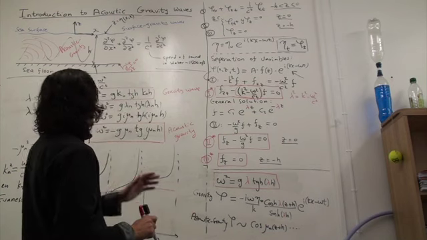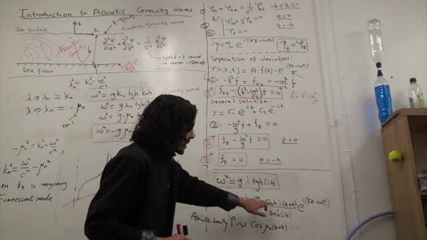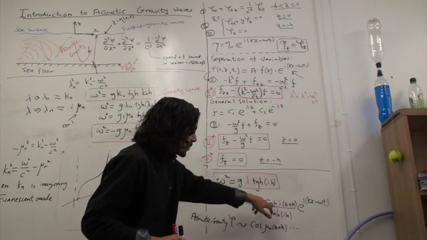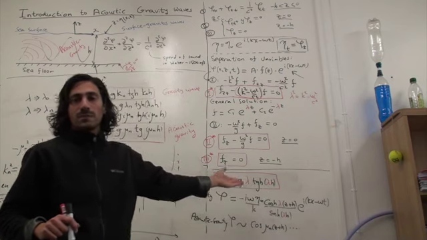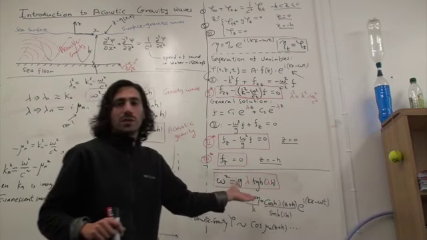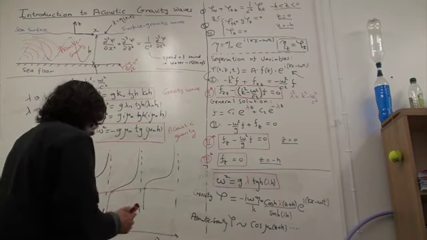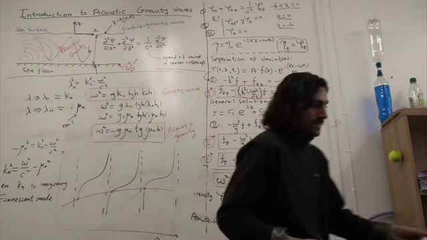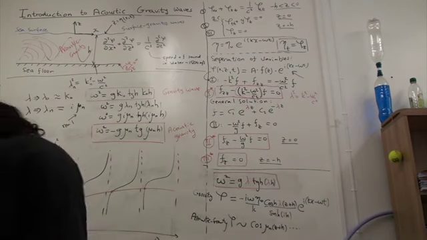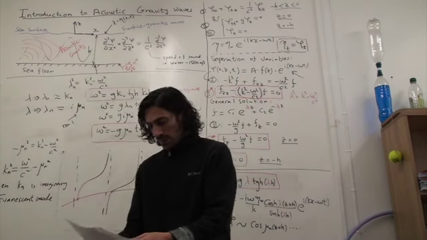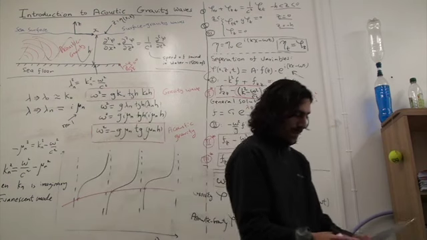We've seen this before. Now, I've deleted this now, but before we had this, well, we still have the hyperbolic cosine here, right? And lambda would be real in the case of the gravity waves. All right. So this is what I wanted to tell you about acoustic gravity waves.